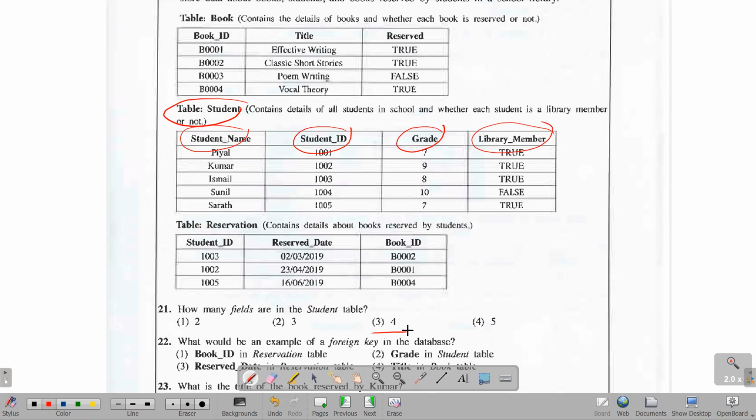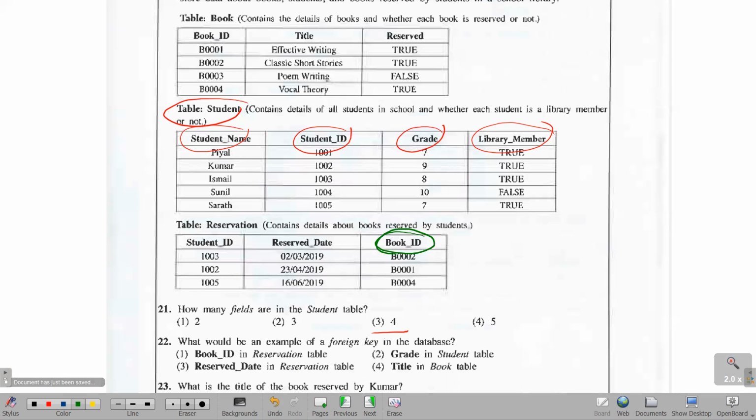So in the 22nd, it asks what would be an example of a foreign key in the database. Now, how can a foreign key be identified? That key should be a primary key of another table. If you think about the book ID in the reservation table, yes, it is over here.